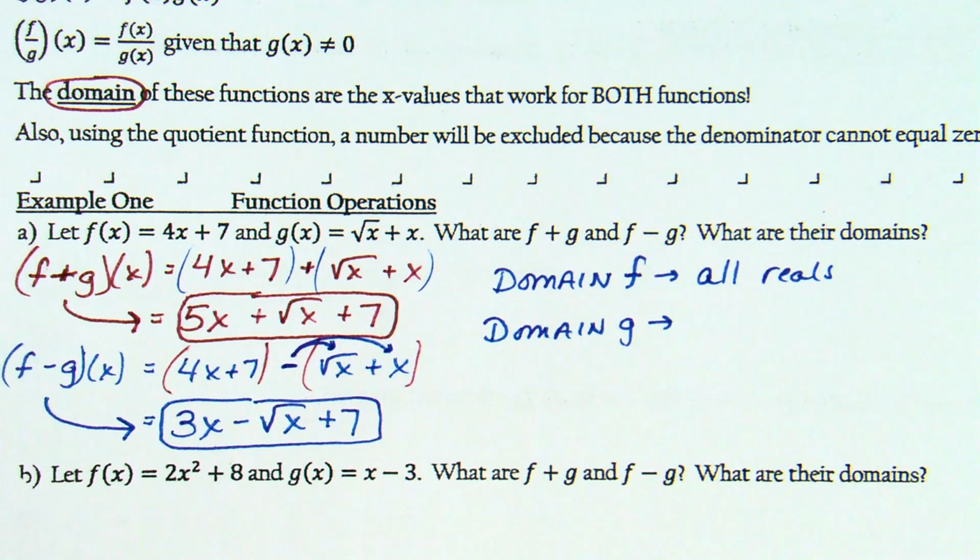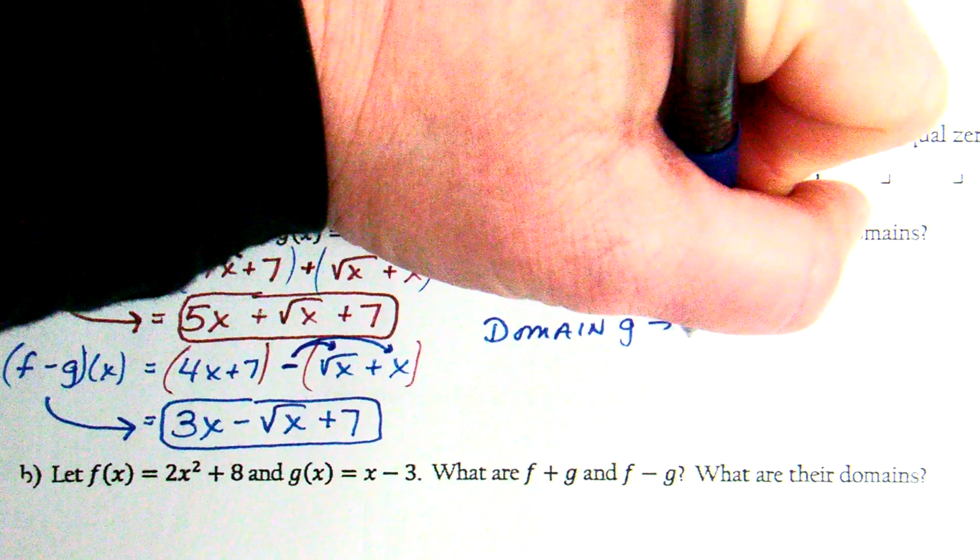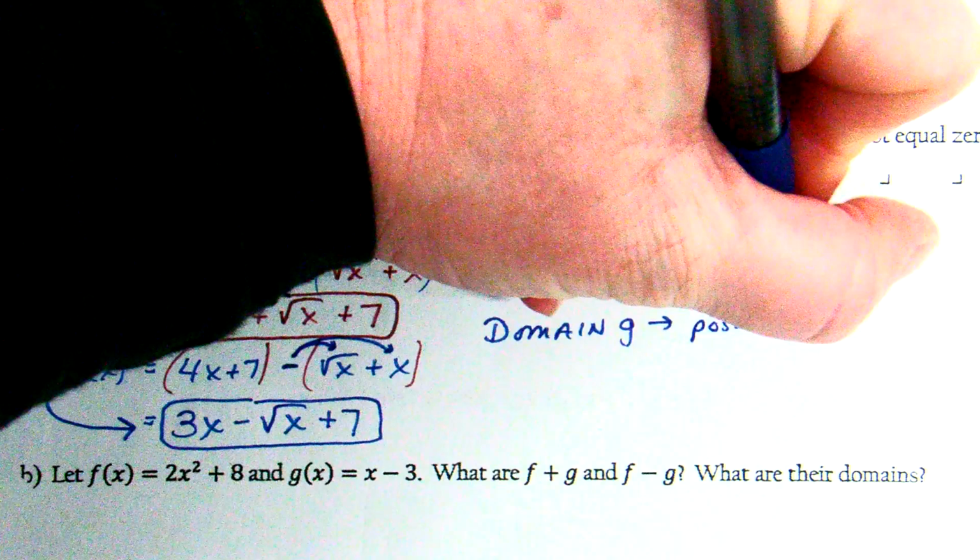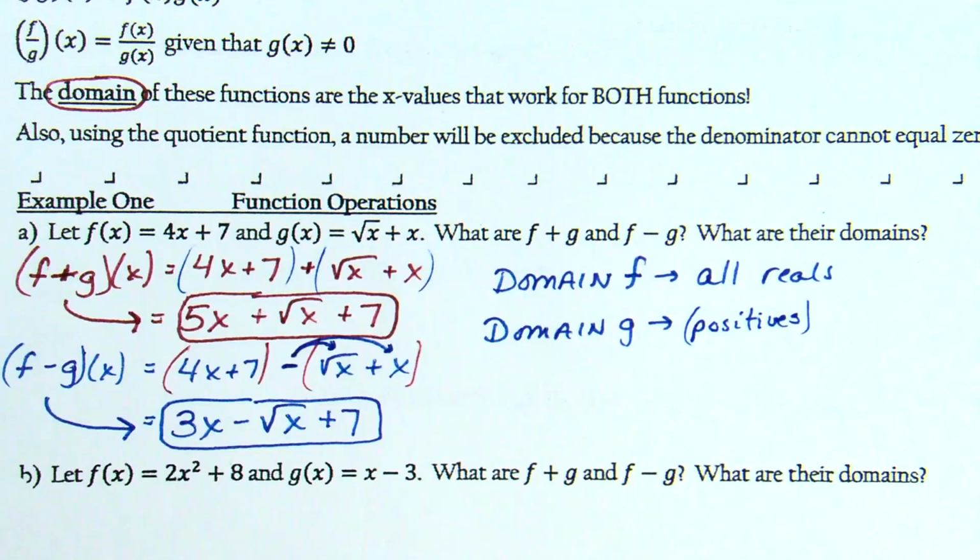Okay, so the domain for g, what our brain wants to think is it's all positives, right? No negatives, all positives. How do I express this with a less than or greater than sign? x is what? Greater than or equal to 0.